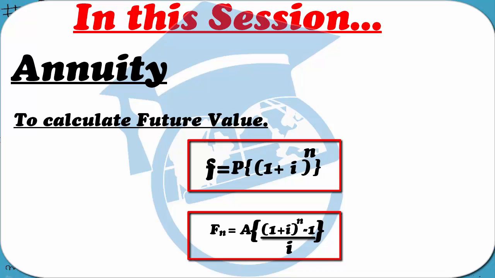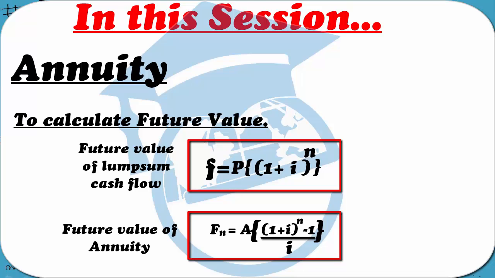Once again, students, try to listen to me very carefully. Formula wise, if we try to represent this particular concept, it shall look as the future value of both the cash flows. It means the future value of the lump sum cash flow shall be equal to the future value of the annuity.